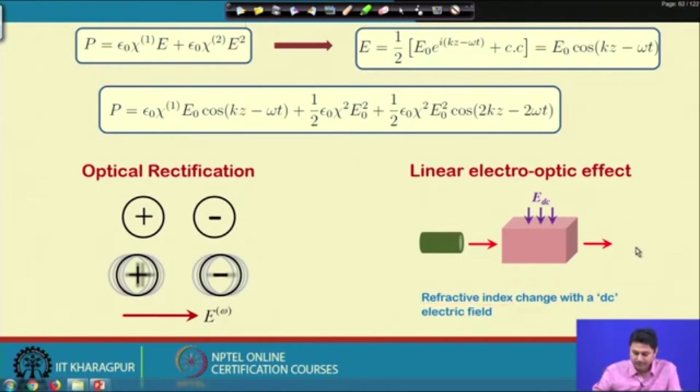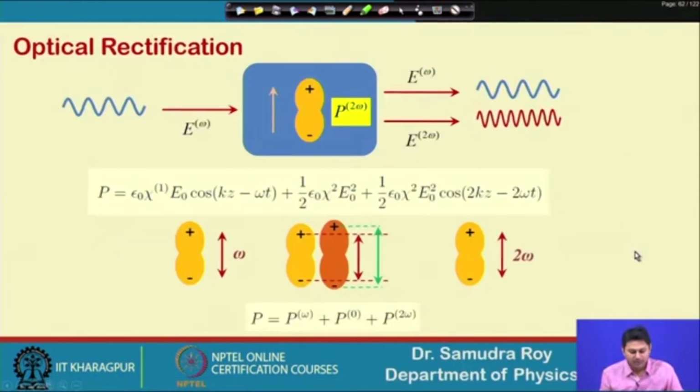Okay. So, these two phenomena we are going to understand by using the simple equation that we have already used in our previous class. Optical rectification, as I mentioned, is a DC term.